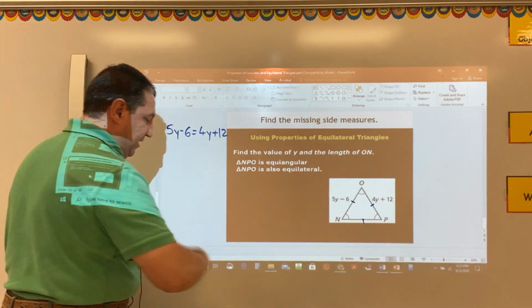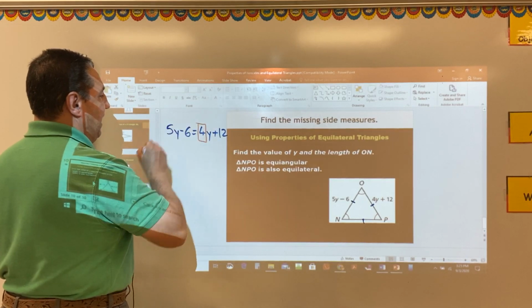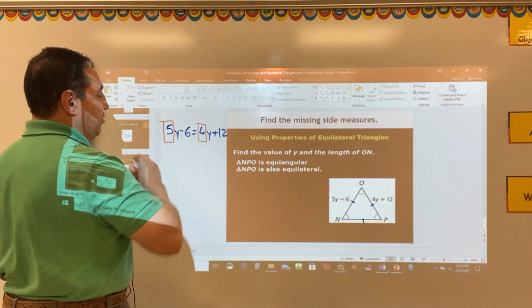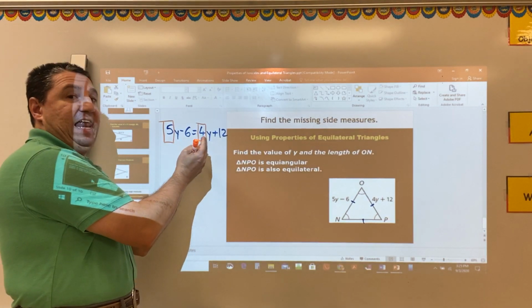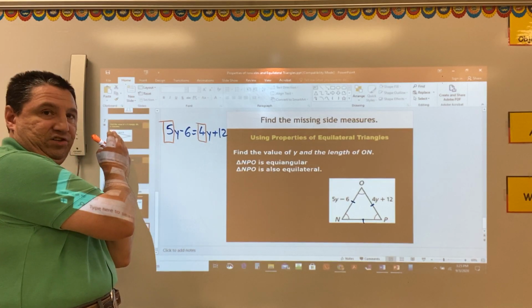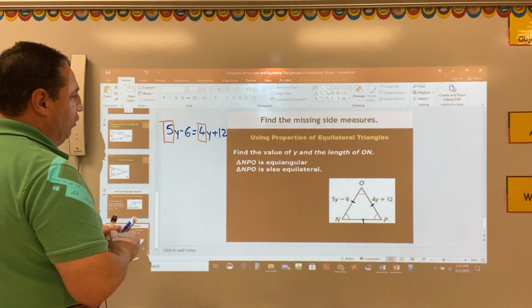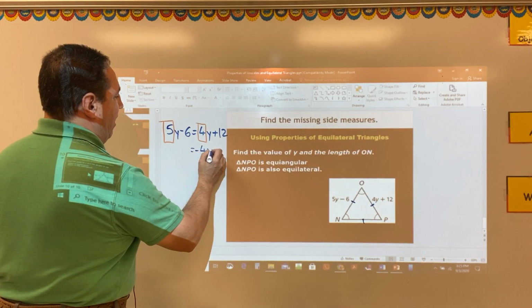Why? Because the coefficient of this term, which is 4, is less than the coefficient of this term. We bring the less term to the larger term. So how do we do that? By subtracting 4y on both sides.